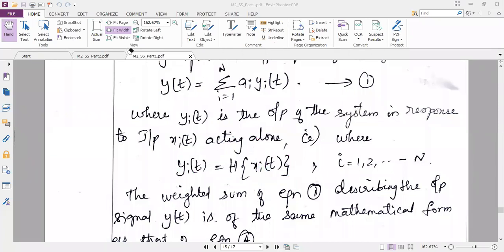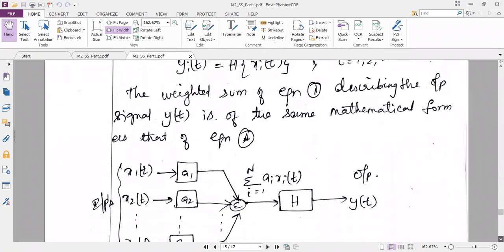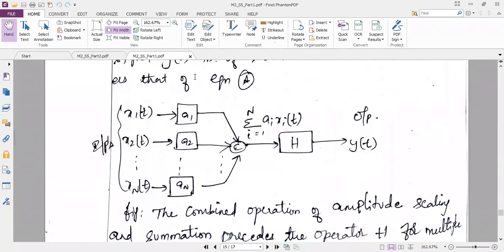So now what I am going to do is draw the diagram. This diagram I have drawn with respect to the equation. I will just write the equation here.